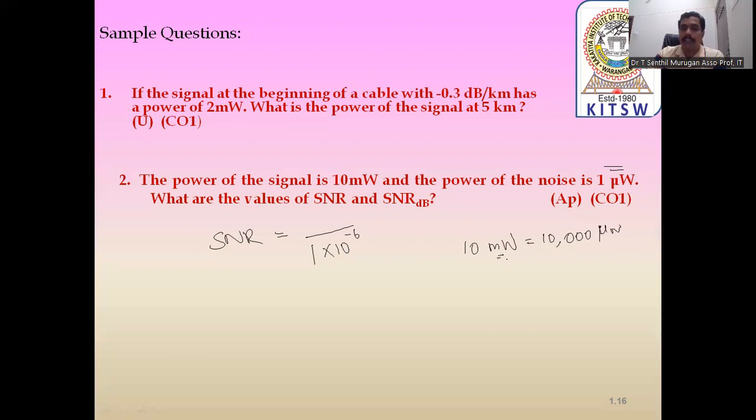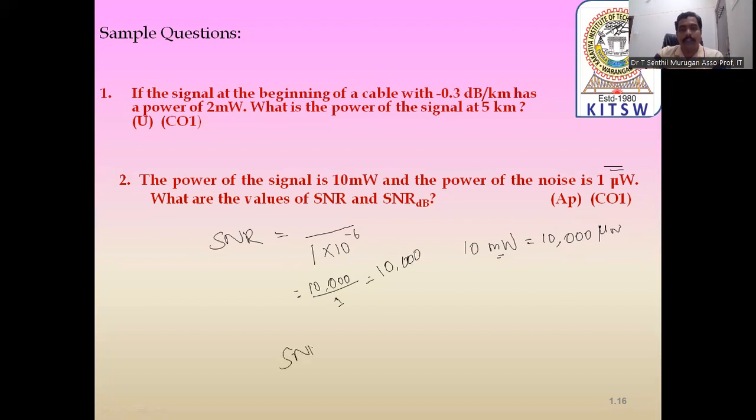Already 10 power 3 is there, and converting into microwatts means multiplying by 10 power 3 again, so 10 power 6 overall. So it is 10,000 microwatts divided by 1 microwatt. So finally the value is 10,000. This is the SNR.